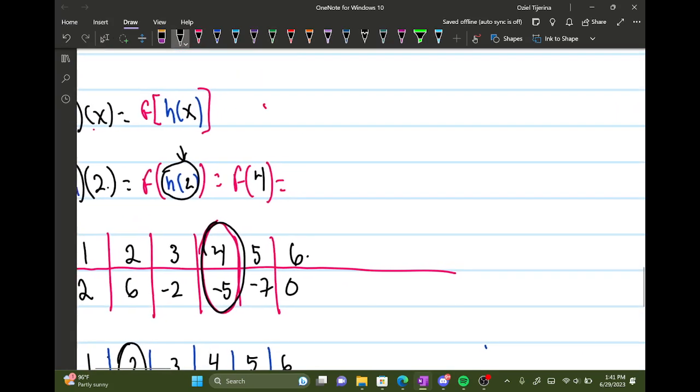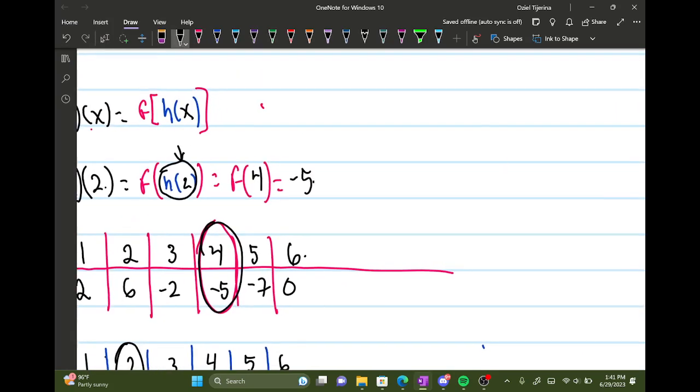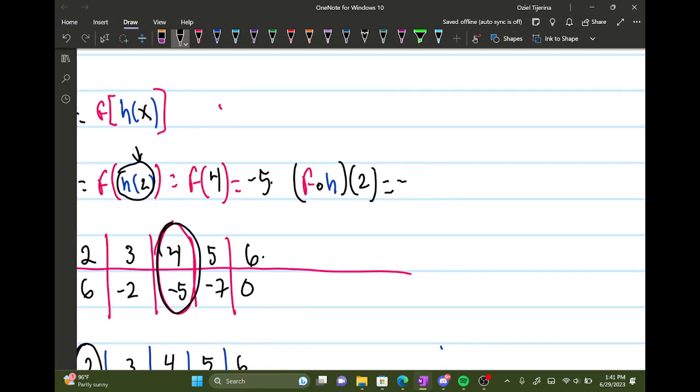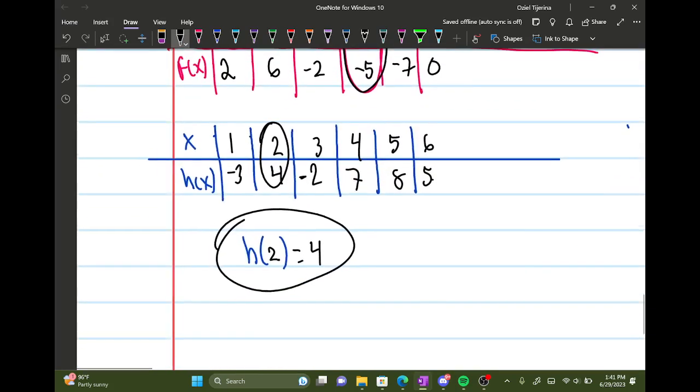So f of 4 is -5, and so we can say that f composited of h of 2 is equal to -5. So this would be our answer for this one, right?